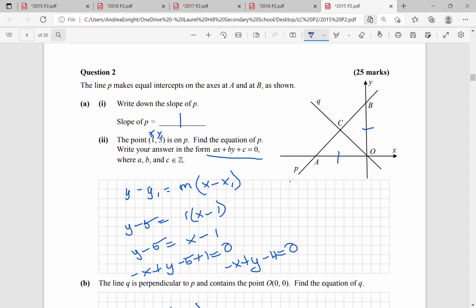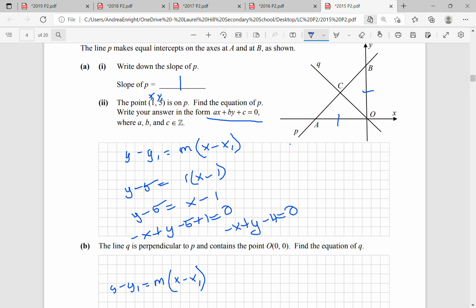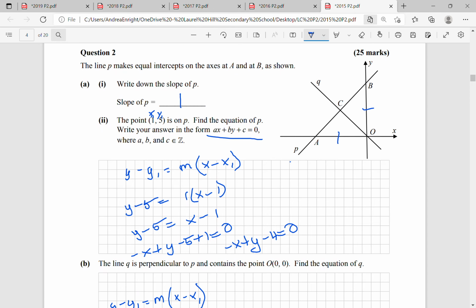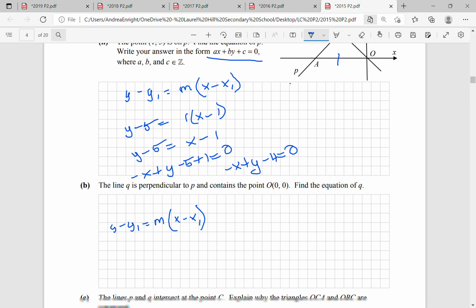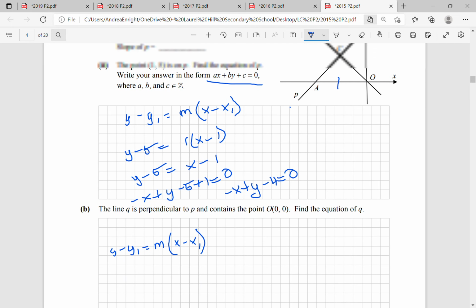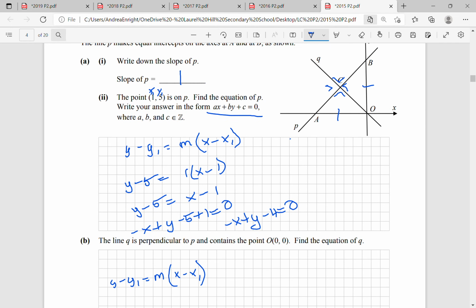Okay, the line Q is perpendicular. Look, there are right angles all over the place. It contains the point. So if it's perpendicular, that means you can get the slope of the new line: you turn the old slope upside down and change the sign. The old slope was 1, so turn it upside down, it's still 1, change the sign, it's -1.